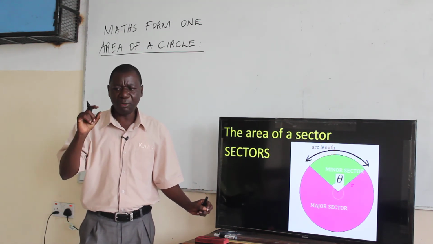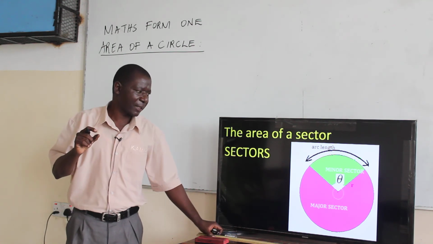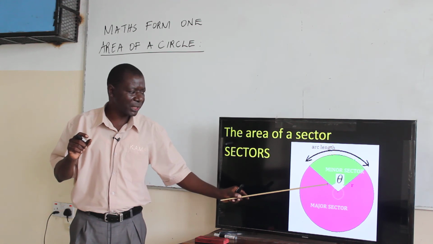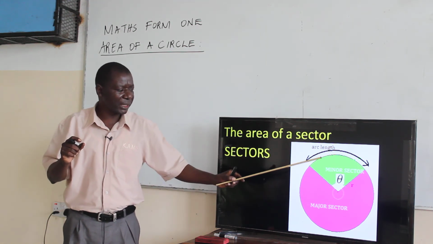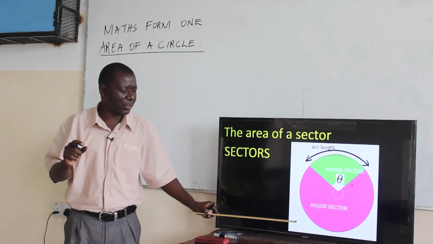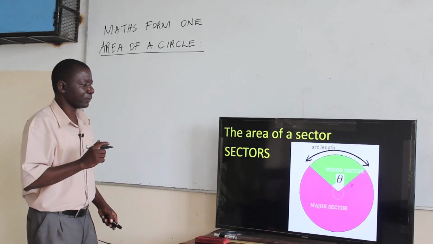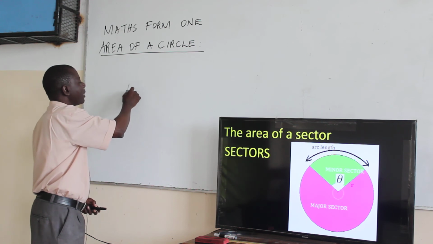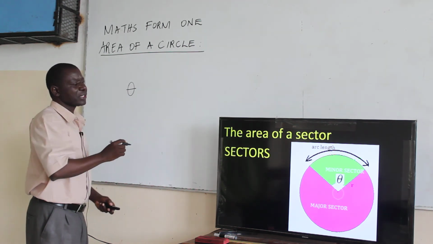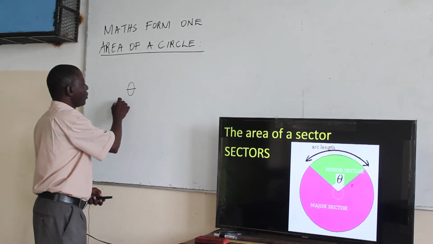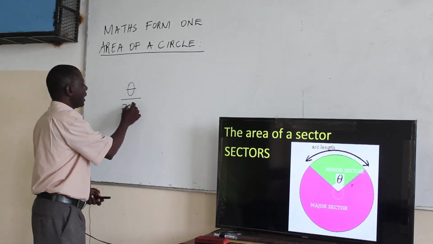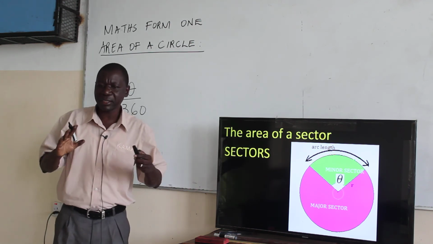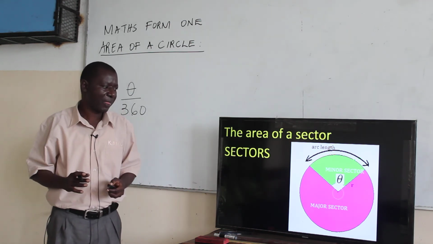For example, if the sector is subtended by an angle theta, then the fraction that makes that part of the circle will be theta divided by 360.